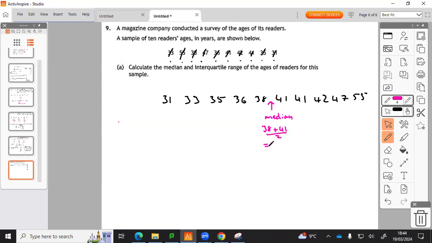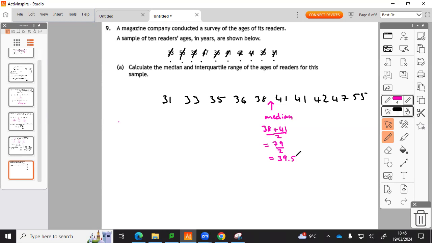That would be 79, divided by 2, so 39.5. It's not the easiest.